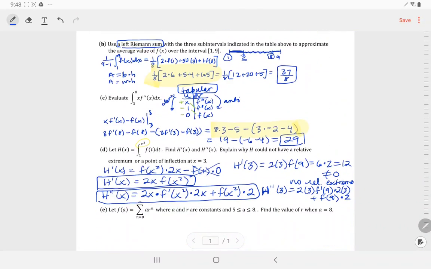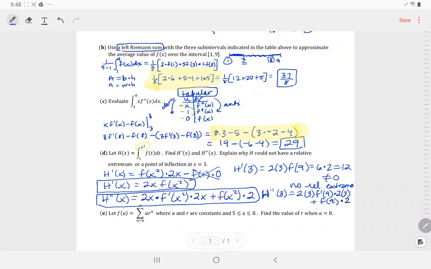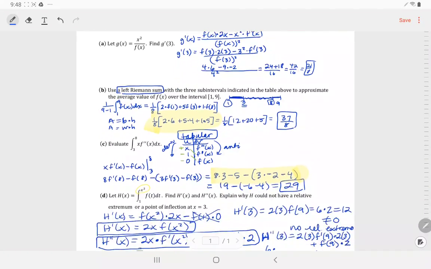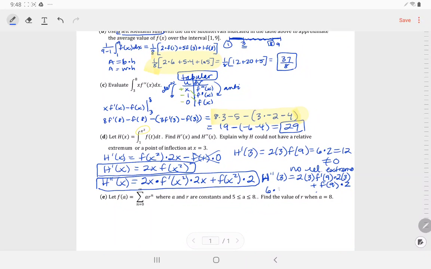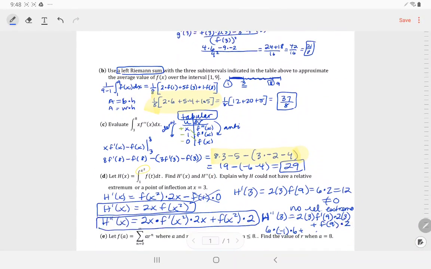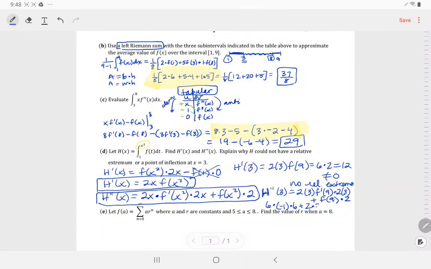Okay, so f of 9 was 2. So this bottom one is, so this is what, 6 times f prime of 9. F prime of 9 is negative 1. So negative 1 times 6 plus f of 9, I forgot already, was 2 times 2. So that's negative 36 plus 4, which is negative 32, which is not 0, so no point of inflection.